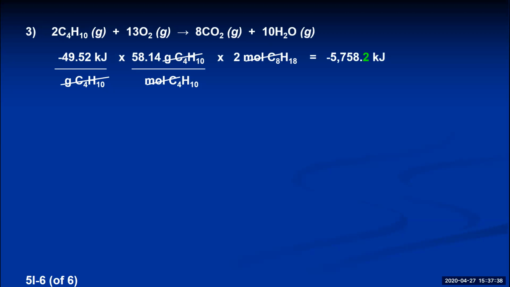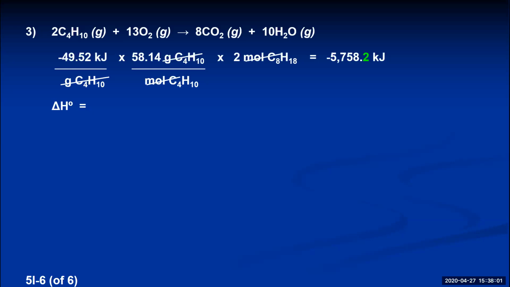The reason this is important is that the number, negative 5,758, is the delta H for the reaction at the top of the slide. And the delta H of a reaction is related to the standard heat of formations of the reactants and products, arranged such that you go standard heat of formation of products minus standard heat of formation of reactants.